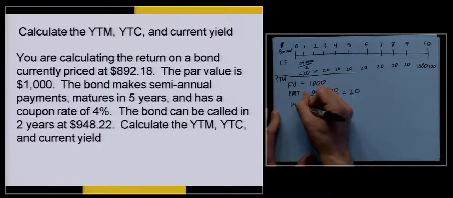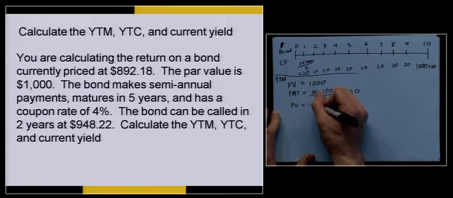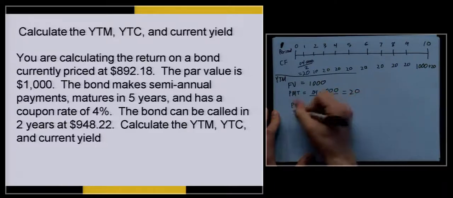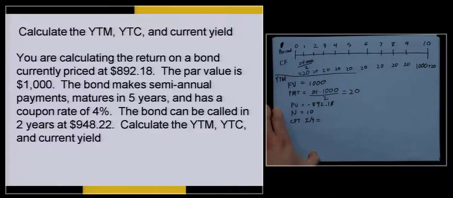Our PV, which is a cash outflow from our perspective as the bond investor, is negative 892.18. Our N is 10, and we can compute our I/Y, and that's exactly what I'm going to do on our BA2 calculator. I'm going to bring it over here.